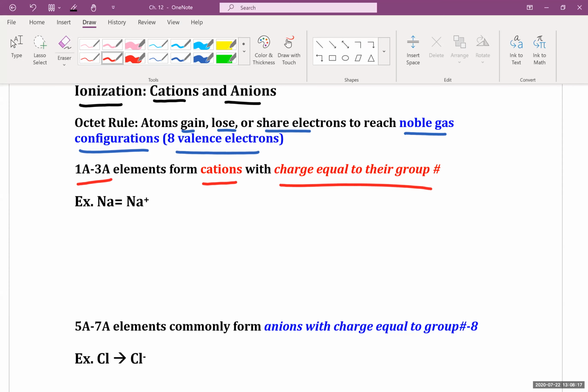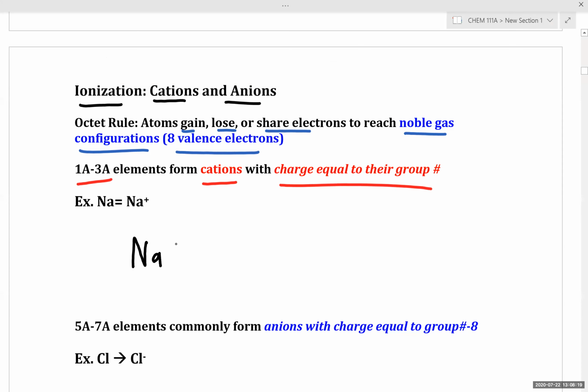So thinking about this from a Lewis dot perspective, we have sodium with 1 valence electron, in other words, neon 3s1. And when sodium loses its valence electron to form sodium plus, it now has a complete noble gas configuration of neon. So it has a full valence shell.